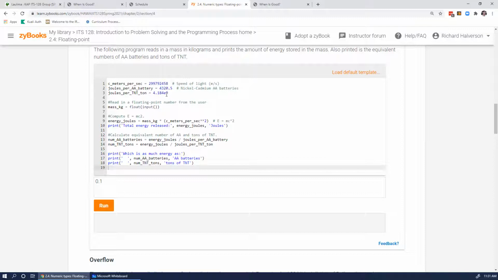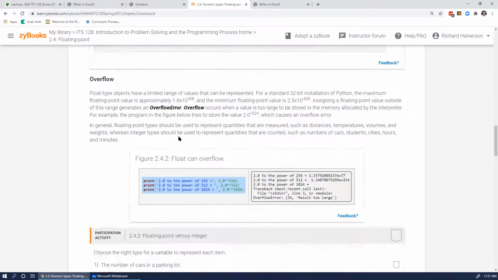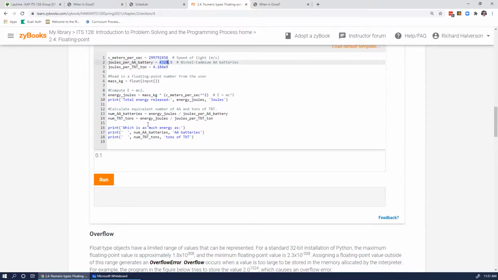There are a bunch of different ways of expressing numbers. This is the speed of light. This is the joules in a AA battery. That's how much energy is in a AA battery. Then it computes all these conversions and so on.